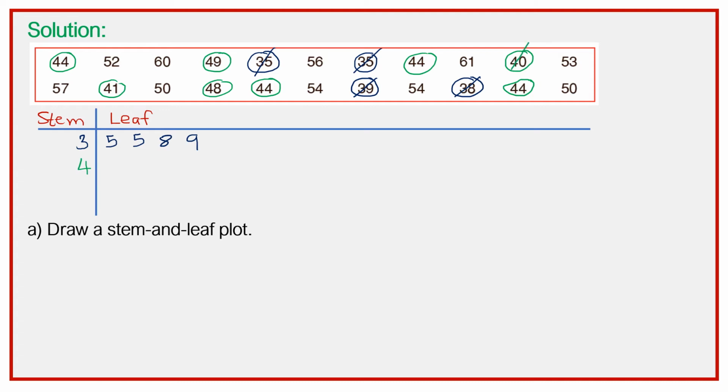So we write a 0. Next one is 41. We write 1. Next one is 44. Actually, 44 is there 4 times. We have 1, 2, 3, and 4. So we say 4, 4, 4, and 4.